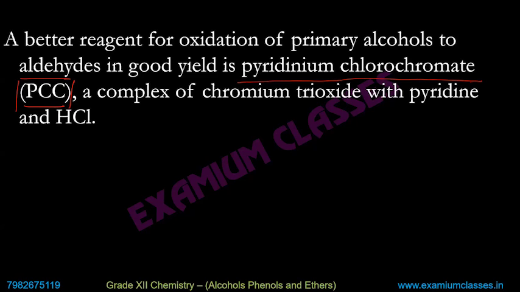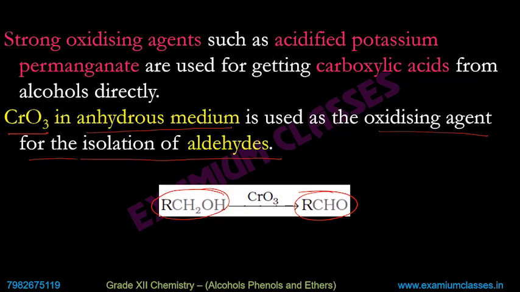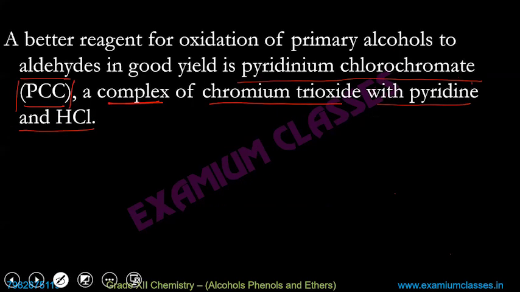PCC, that is pyridinium chlorochromate, is a complex of chromium trioxide and pyridine and HCl. So we are using again CrO3, but CrO3, then pyridine and HCl, when they mix, they form a complex which is known as PCC.